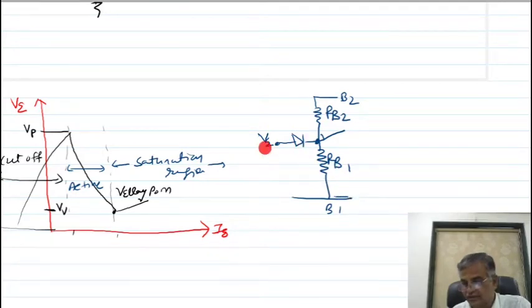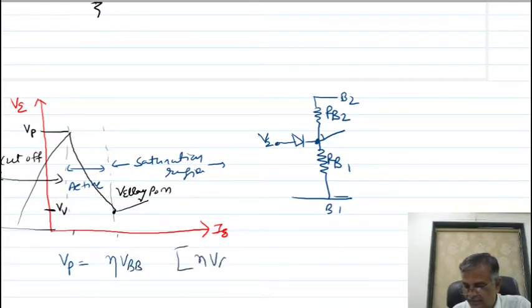So when the emitter voltage is slightly more than the peak voltage, Vp, you know what Vp is? Vp is nothing but eta VBB. Actually it is eta VBB plus Vd, but Vd, the diode forward bias voltage, is very small. So we are adding only eta VBB.